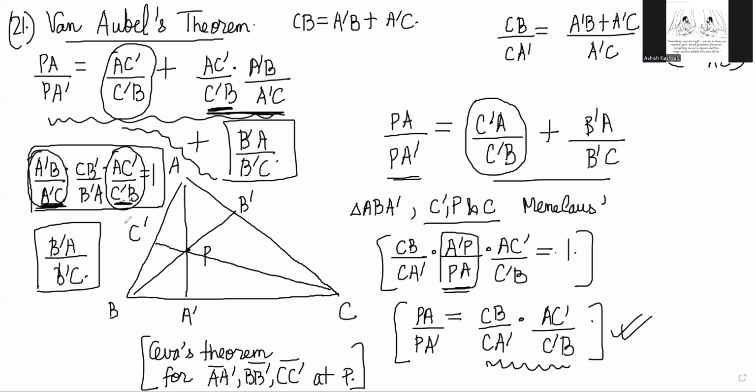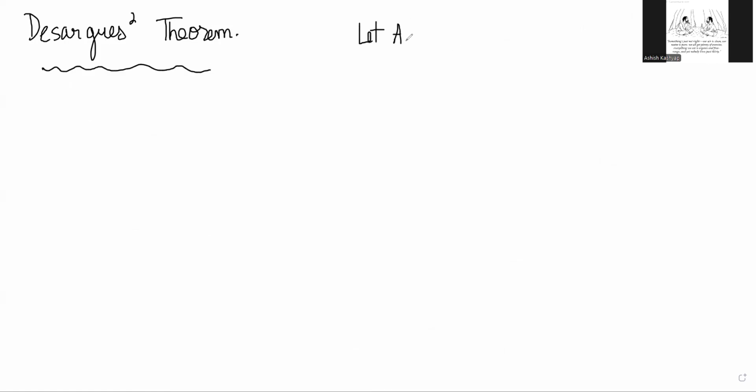The next theorem is slightly tougher, but it is quite useful sometimes. Desargues theorem. It says let ABC and A dash, B dash, C dash be two triangles.